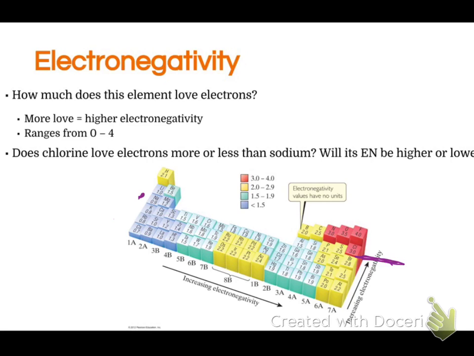Okay, so the bigger this number, which ranges anywhere from 0 to 4, the 4 is the most electronegative, and that's fluorine. The bigger the number, the more electronegative it is, which means the more it loves electrons. It steals them from anywhere it can get. So fluorine is the ultimate electron hoarder.